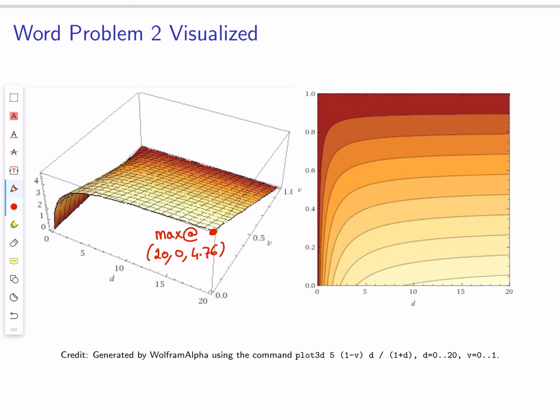The coordinates are D, V, R naught. On the contour plot on the right, the lightest colors are associated with bigger values of R naught, and the maximum is sitting right at the corner at (D, V) equal to (20, 0).